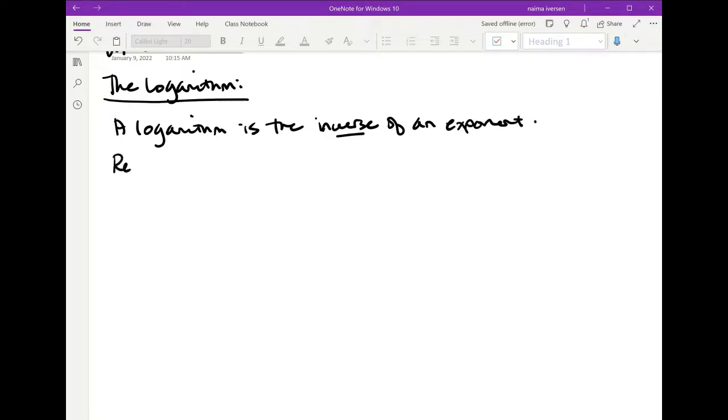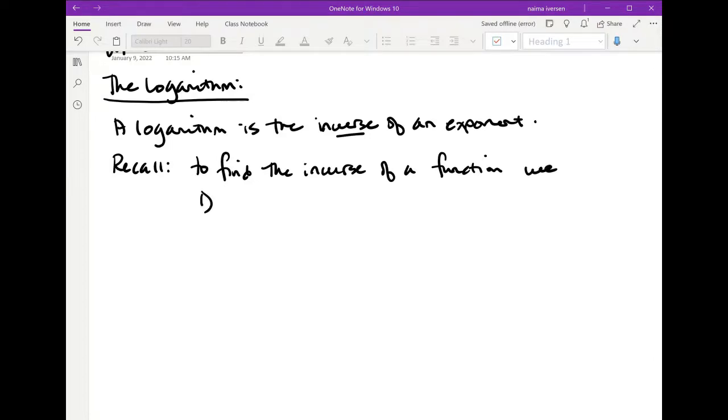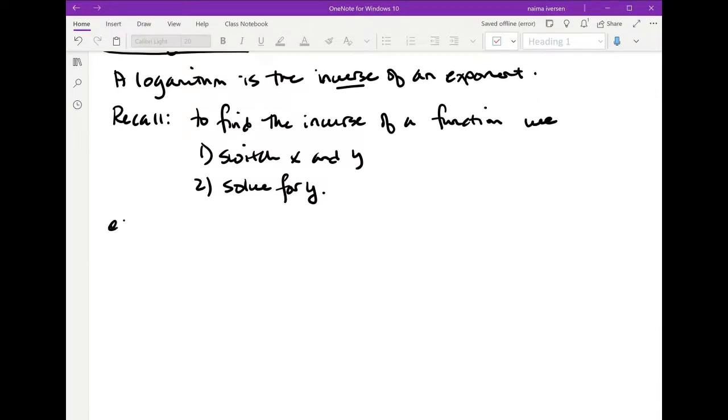So if you want to recall, to find the inverse of a function, we, number one, switch x and y, and number two, solve for y. This is how we've done this before.